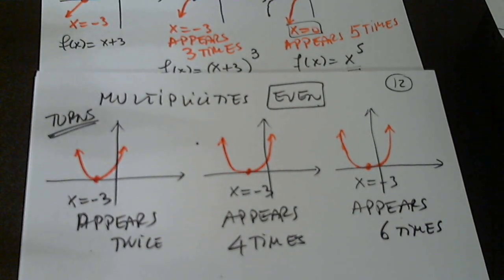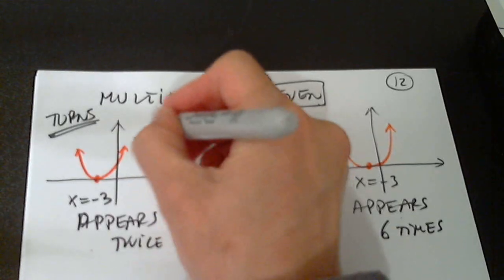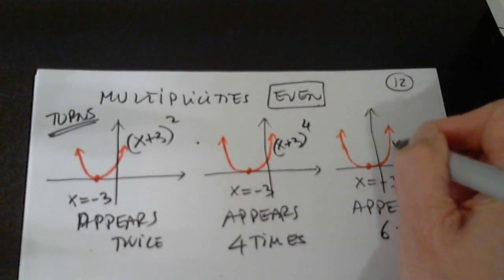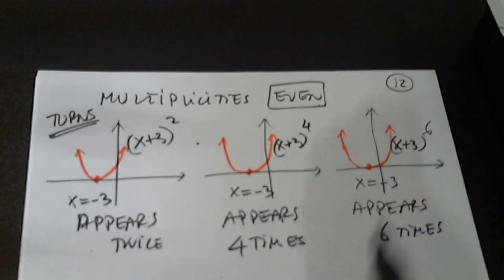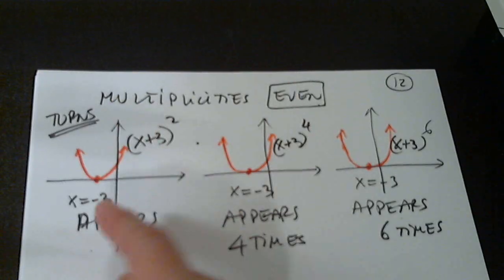There's no point in going that far, but I just want you to understand. So what does this mean? It means x plus 3 to the second power, x plus 3 to the fourth power, and x plus 3 to the sixth power. It doesn't mean that it has 2 solutions.